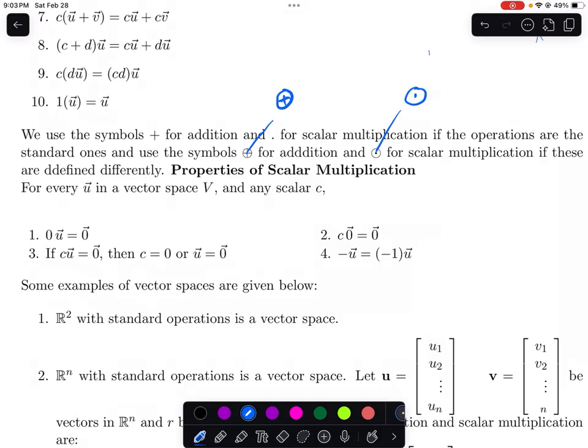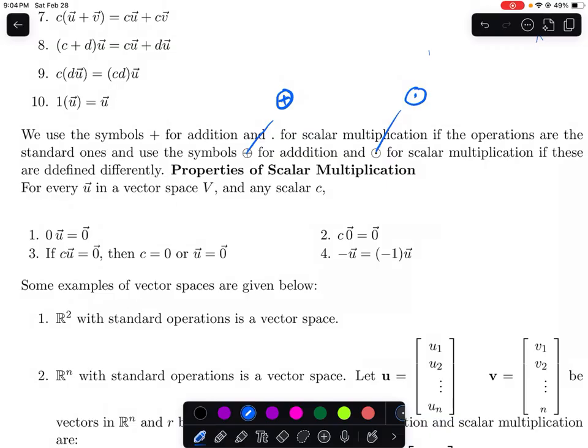Now there are some properties of scalar multiplication. Along with those 10 axioms, the vectors also satisfy these properties. First one, 0 is a scalar, and 0 times a vector u will be a vector. Which vector? It will be the 0 vector.